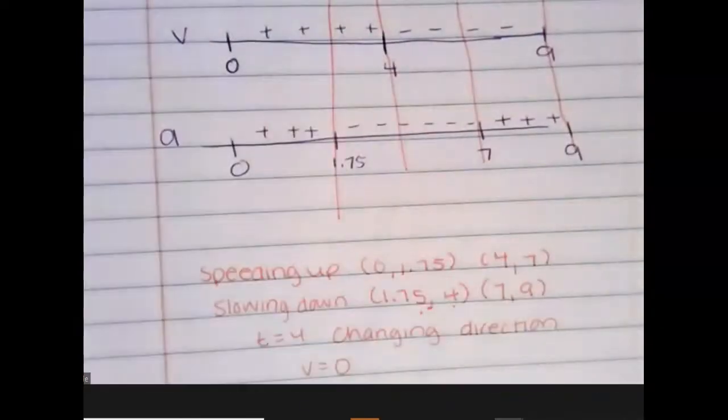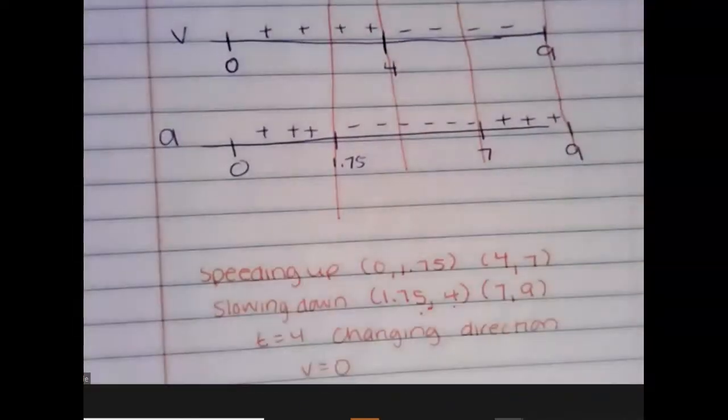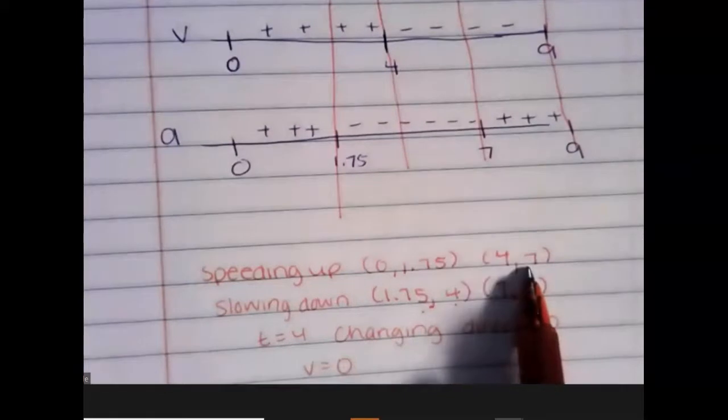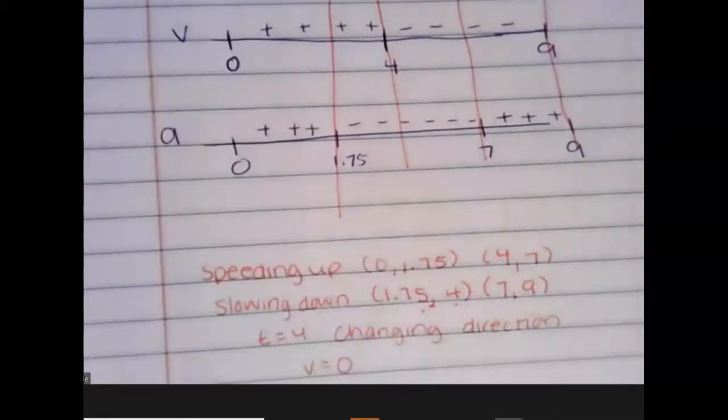We're changing direction, and I know that because the velocity is equal to 0. At 5, it's speeding up. And therefore, t equals 5 is my answer.